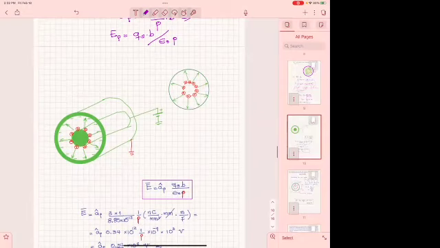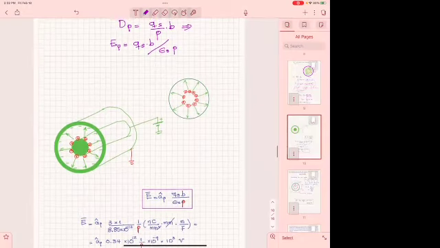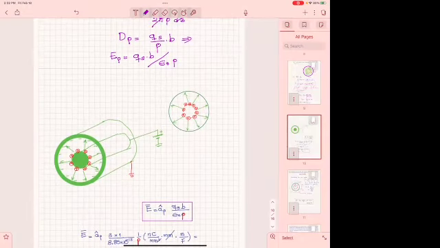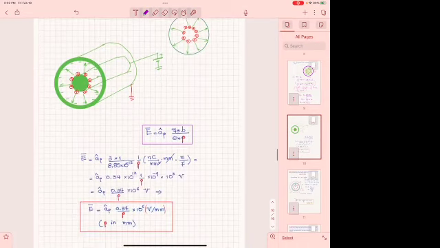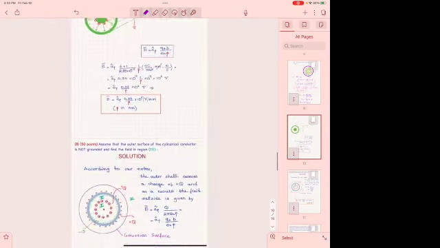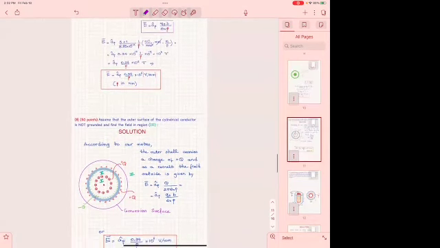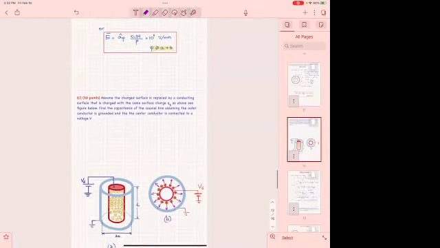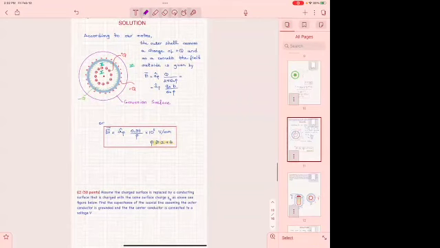Which is in fact exactly what you found here. So from here, we found exactly the solution down there. Then you can plug in the numbers, and you find exactly how much the field is. So here is the solution for that.